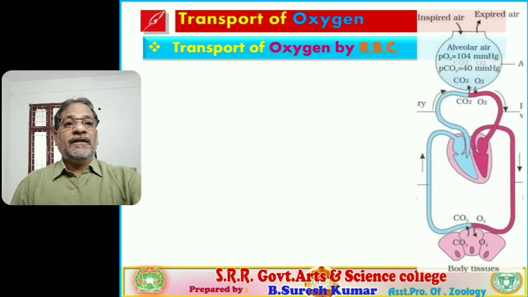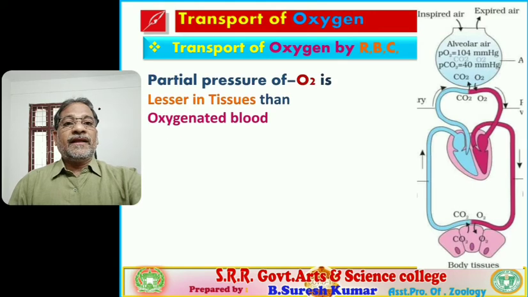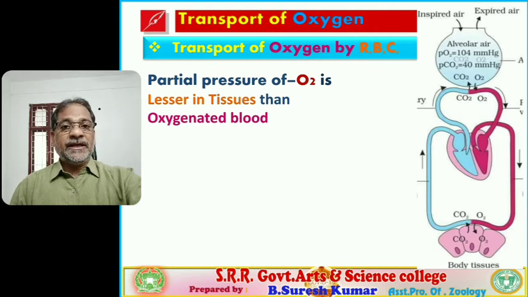Next, you observe the partial pressure of oxygen is lesser in tissues than in oxygenated blood. Already we discussed: in the tissue, the oxygen partial pressure is about 40 mmHg.